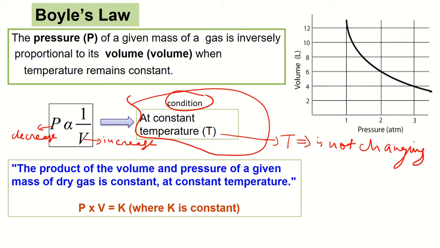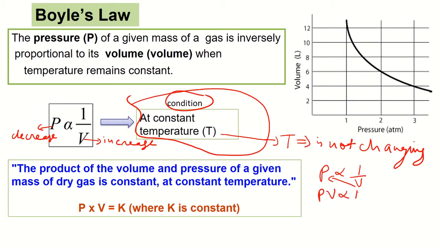Now here in the box down, what is given? If I take this rule, Boyle's law, the pressure is inversely proportional to the volume. So if I multiply by the volume, it comes like this: PV is proportional to 1.